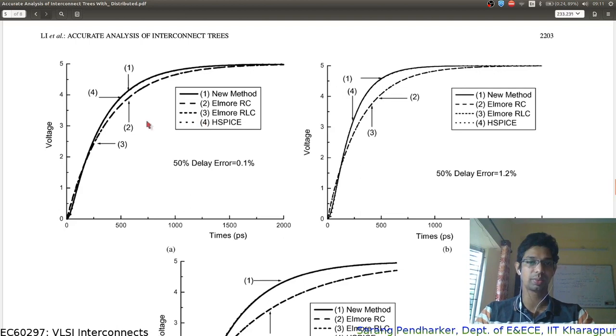So there is an H-spice model which is expected to be accurate. So this is indicated by the arrow here 4, and then this new method is 1. So they have shown that this new method based on ABCD parameters and H-spice is matching well. Then there is an Elmore based model, which is indicated by 2 and 3 here.